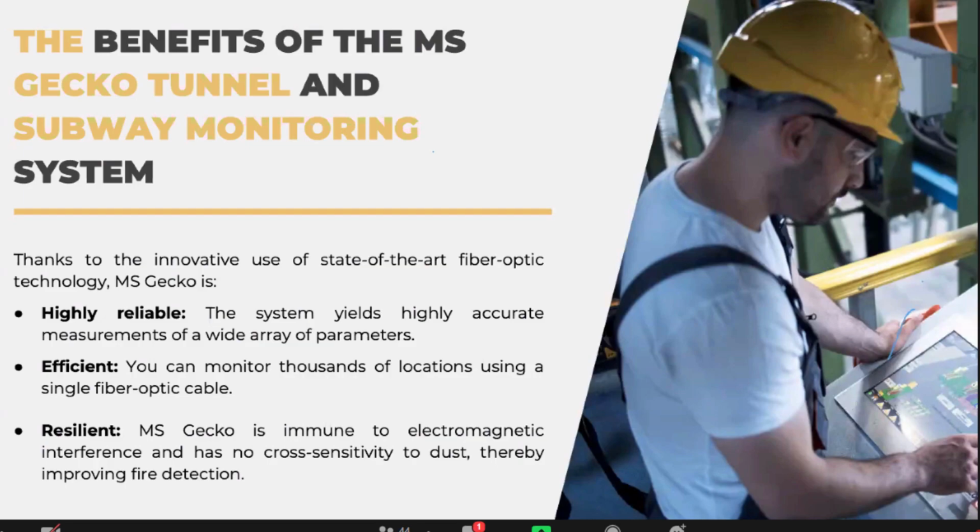Thanks to the innovative use of state-of-the-art fiber optics technology, the MS Gecko is highly reliable. The system yields high accuracy measurements for a wide range of parameters and is very efficient, so you can monitor thousands of locations using a single fiber optic cable, and resilient.